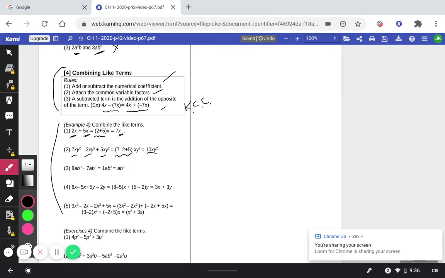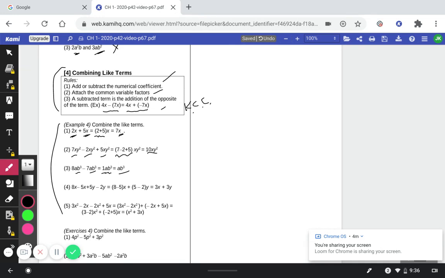Number 3, 8ab cubed minus 7ab cubed. Since you have like terms, 8 minus 7 is 1, 1ab cubed. But a 1 in front of a letter, you don't have to write it if you don't want to. So ab cubed is more commonly used.